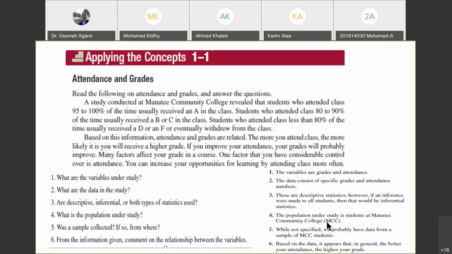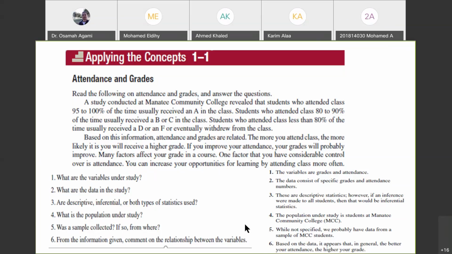So this is my population, right? Number 5, was a sample collected? If so, from where? I know my population, so I collect my sample from the population.